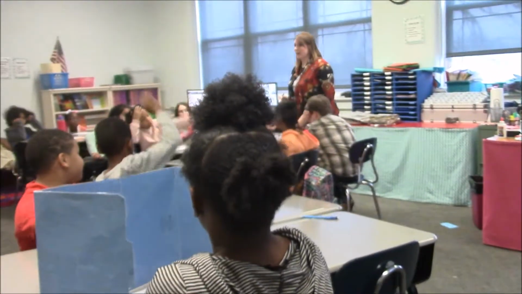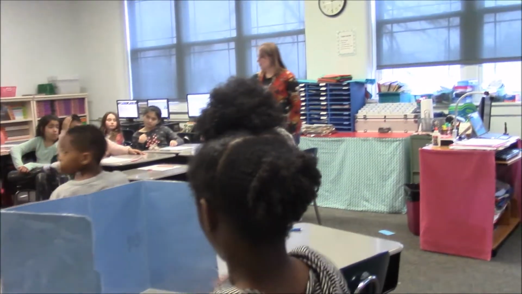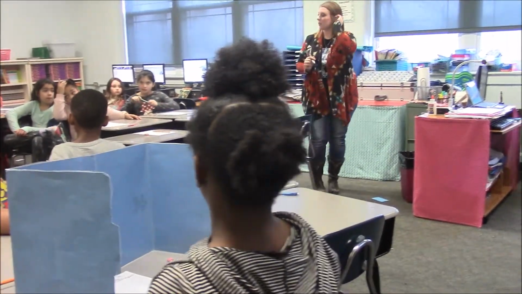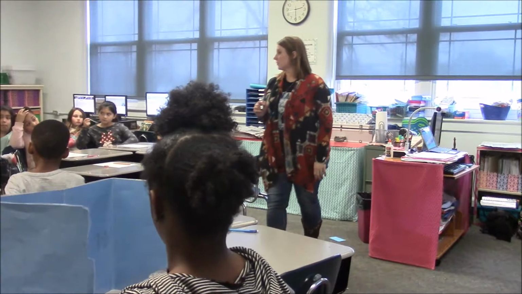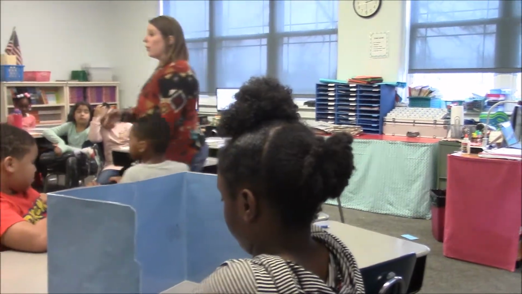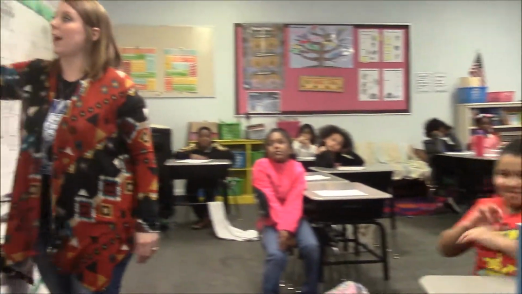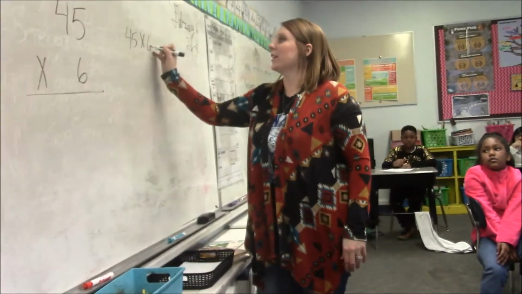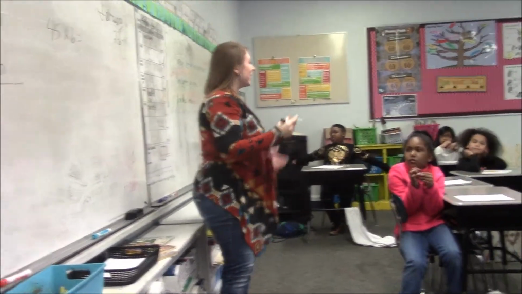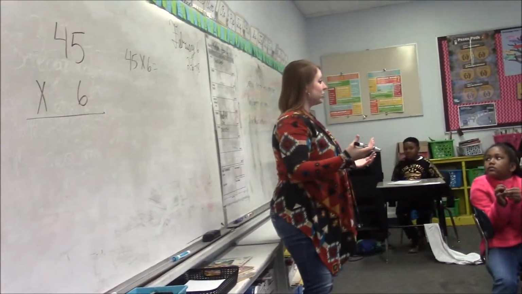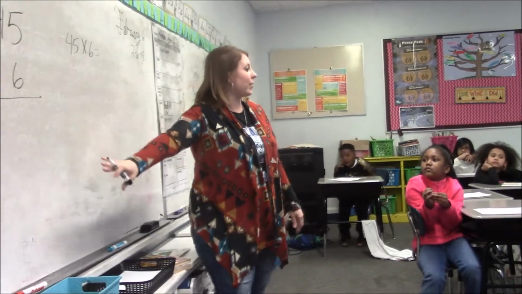We can write it like 6 times 45. So what I was really looking for is you can write it up and down, or you can write it sideways. Very good. So whichever is easier for you to solve.